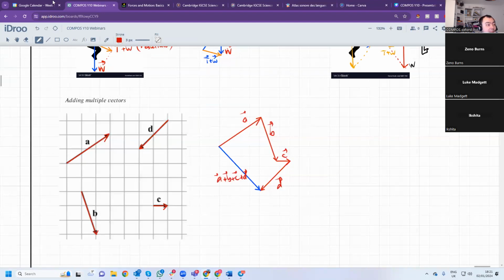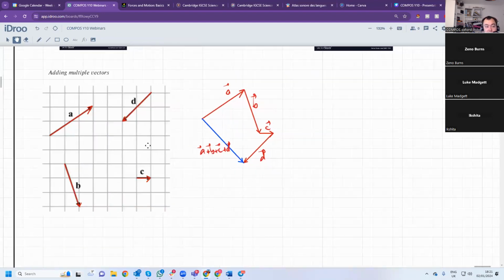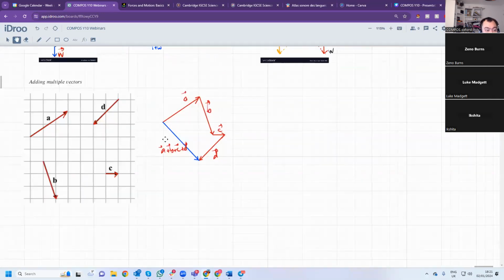Now, interestingly, no one has asked me, but does it work if you do it in a different order? So let's do it in a different order. So first I'm going to go C plus A plus D plus B. And as you can see, you still get the same result, even if you do it in a different order.